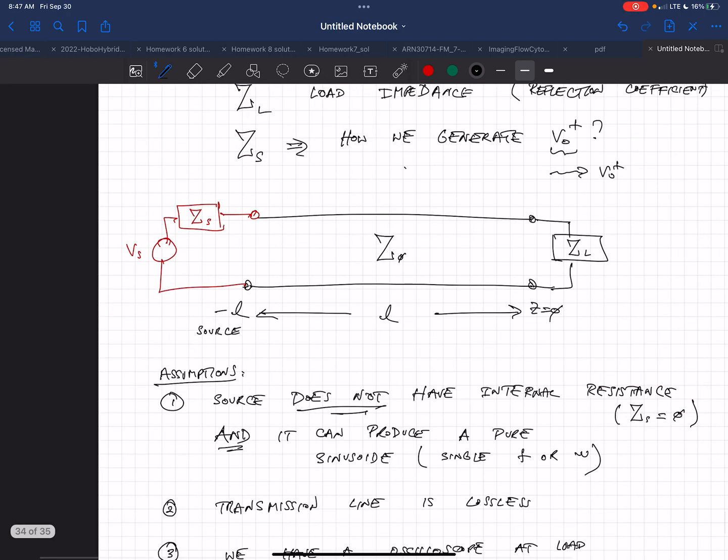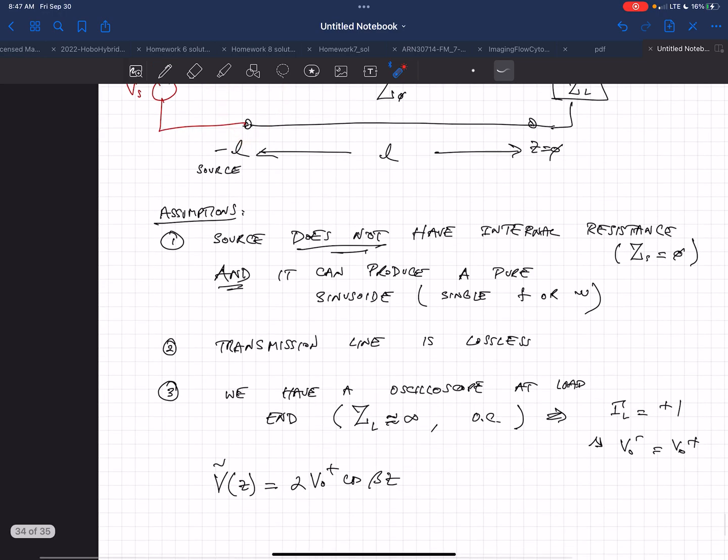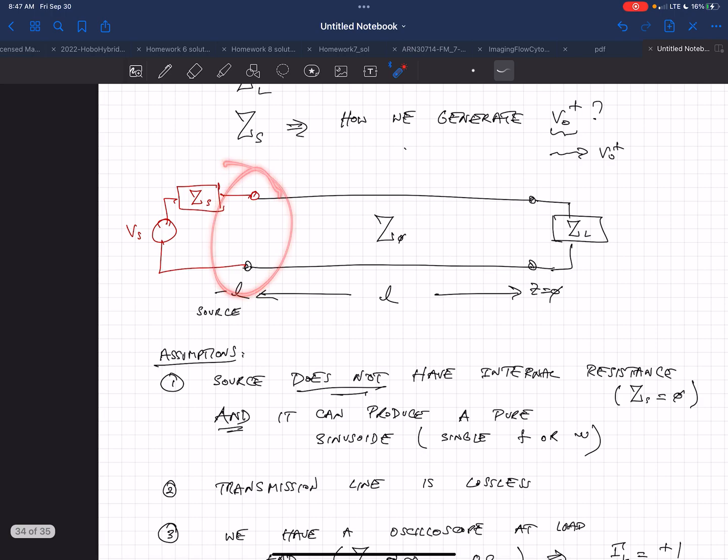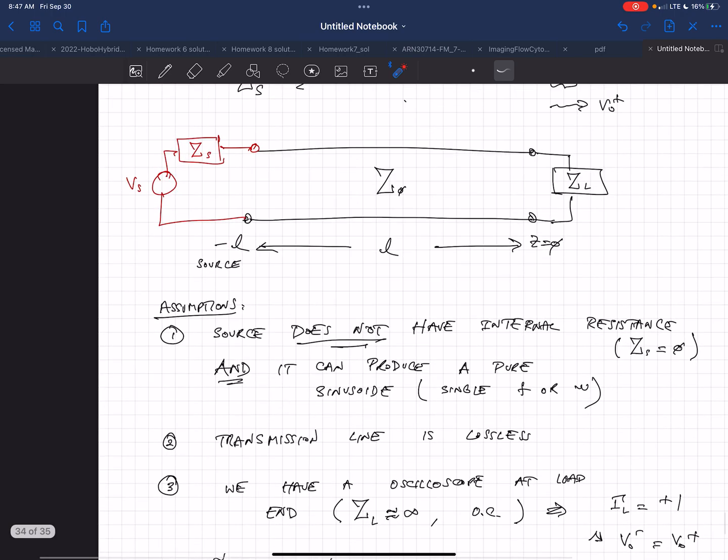Now I want to look at what this equation gives me at a particular point. Our transmission line goes from 0 to minus L, or minus L to 0, whichever way you look at it.